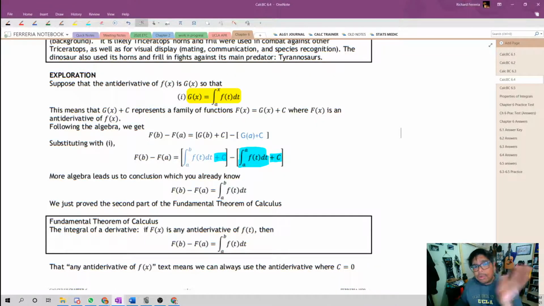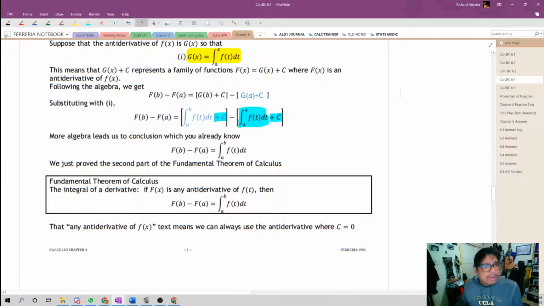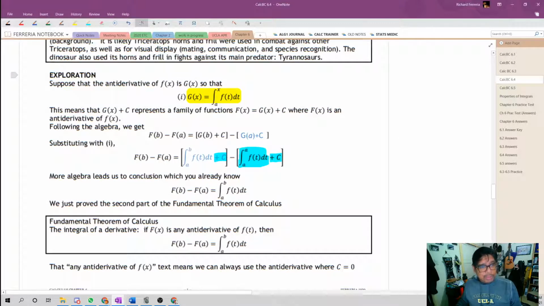So when you take all of that stuff away, you get basically the fundamental theorem of calculus, where capital F(b) minus capital F(a) is equal to the integral from a to b of little f(t). That is the fundamental theorem of calculus. And we know the relationship here, of course, is that the derivative of capital F is equal to little f. So all of that is stuff that we met a couple of videos ago, when we were talking about antiderivatives for the very first time.